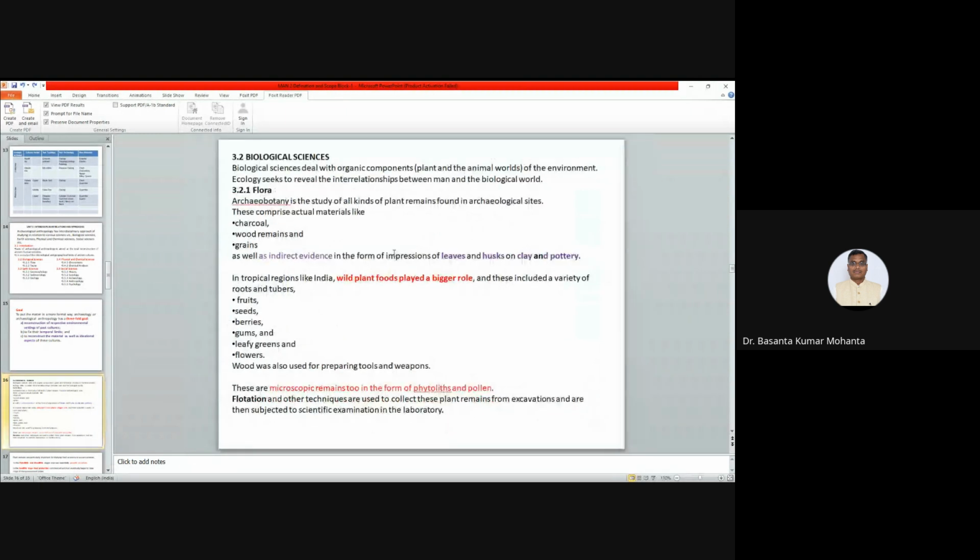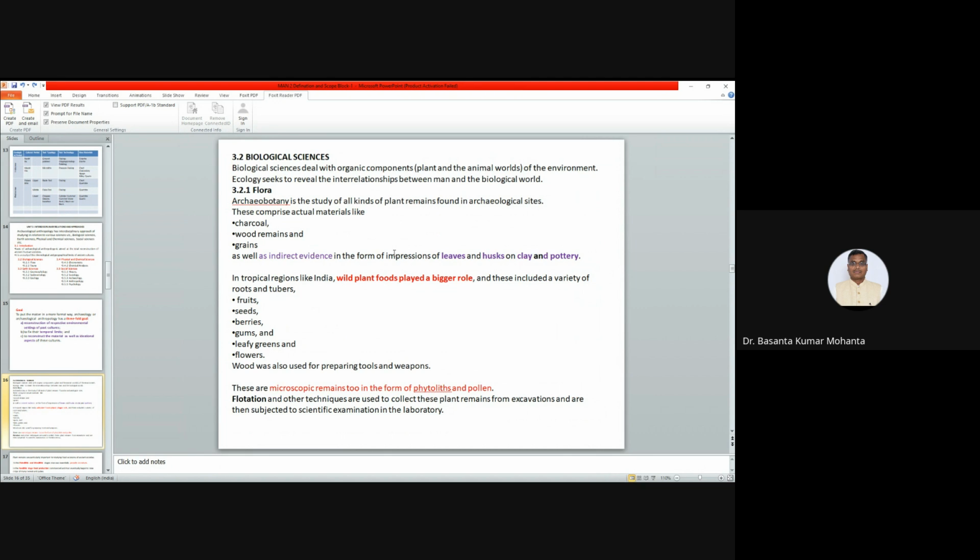So in biological sciences, as we told, both the flora and fauna are very important parts. If we see the area of botany, if we see the area of zoology, botany used to study the origin, evolution, distribution of different kind of plant remains. And at the same time, zoology used to study the origin, evolution, and distribution of animal remains.